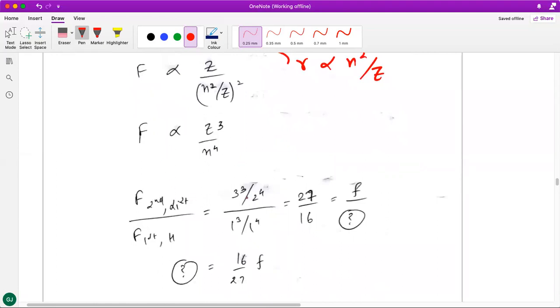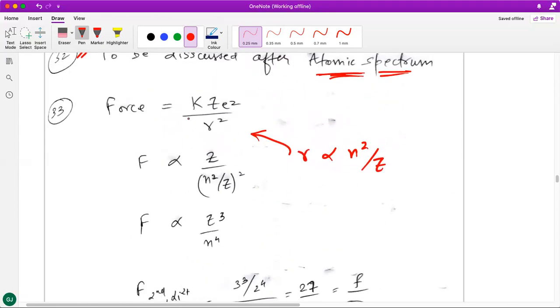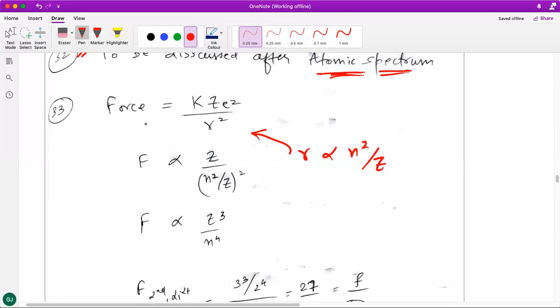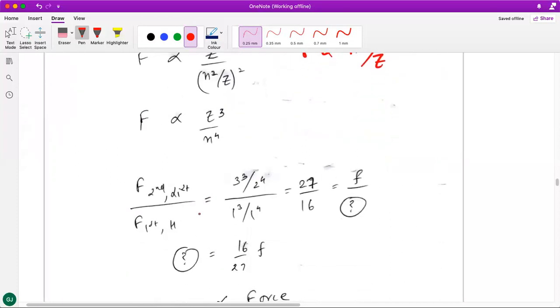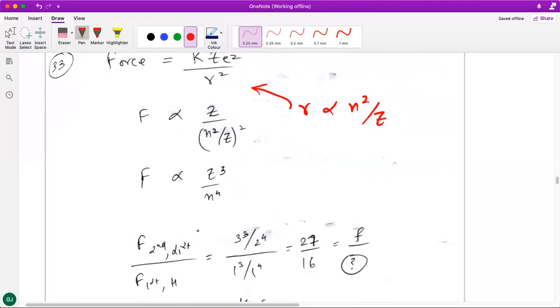You take the ratio, substitute the Z and N appropriately to get the answer. So this was the key part of the question where you have to identify how F is related to Z and N, and then the rest is the mathematical calculation.